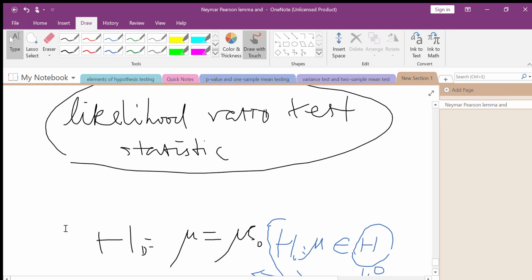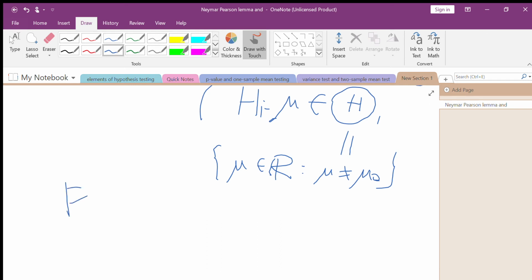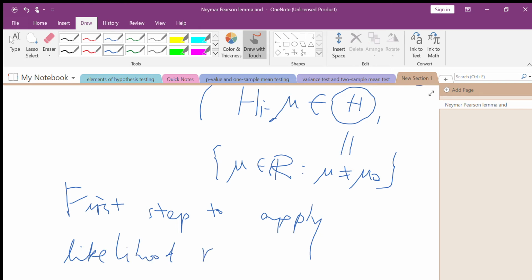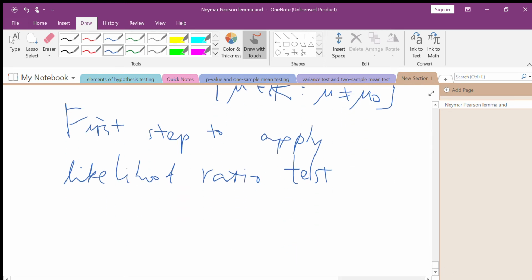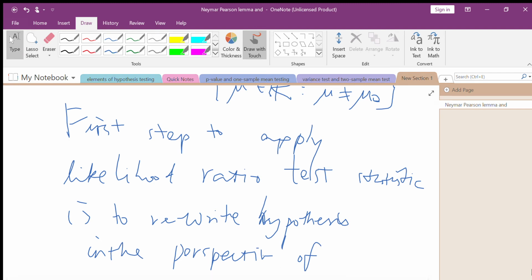So for the likelihood ratio test statistic, the first step to apply it, we haven't yet talked about how it is defined, but we first state the first step: rewrite our hypothesis from the perspective of parameter space.